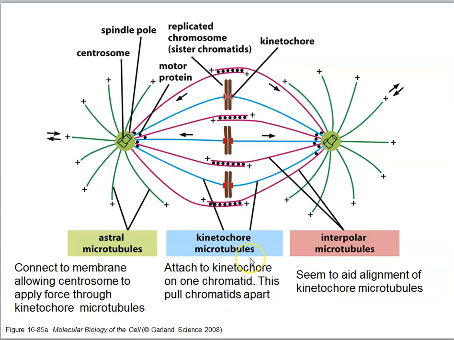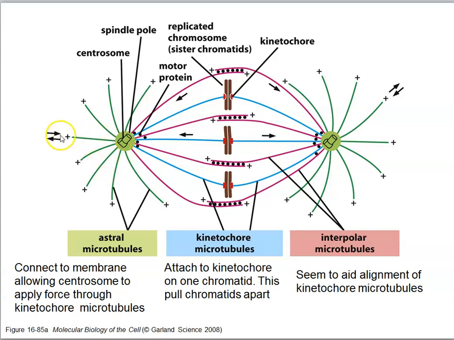So there are several different types of microtubules. We're really going to focus on the kinetochore microtubules, which are involved in attaching to the chromatids and pulling them apart. The other microtubules are also central to mitosis.